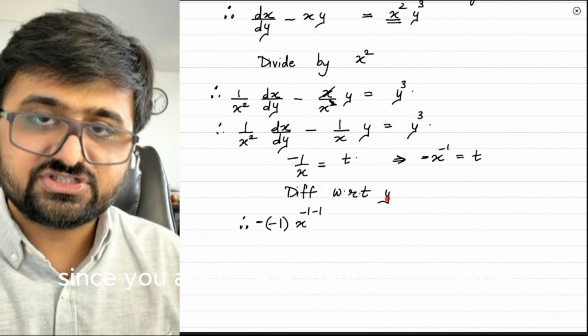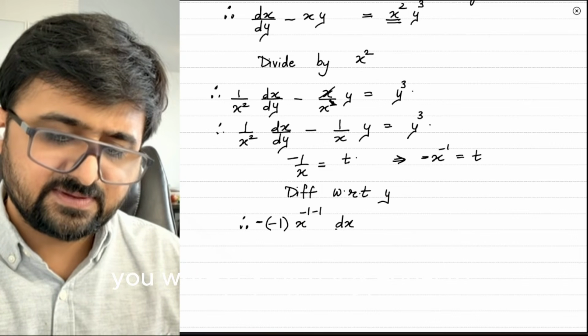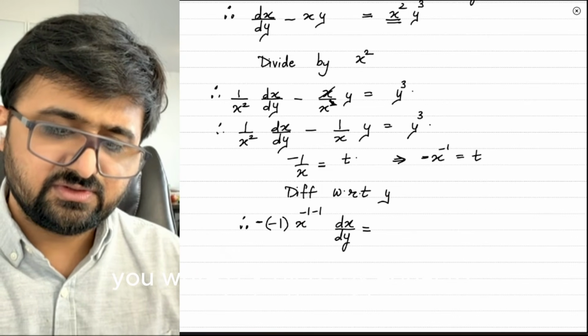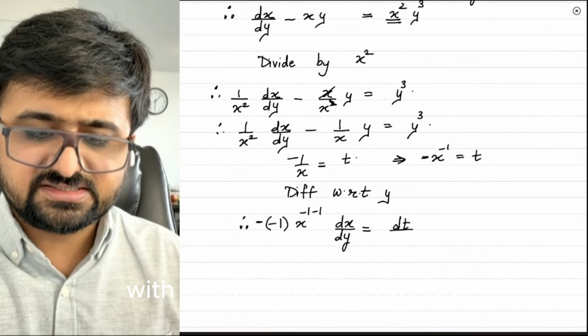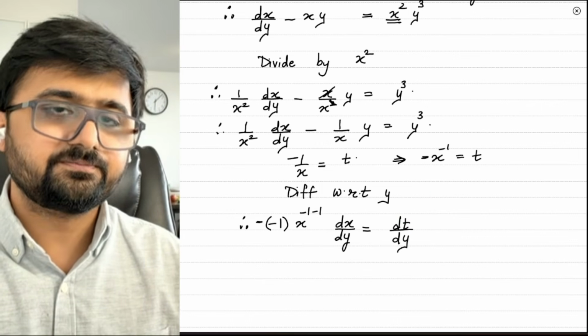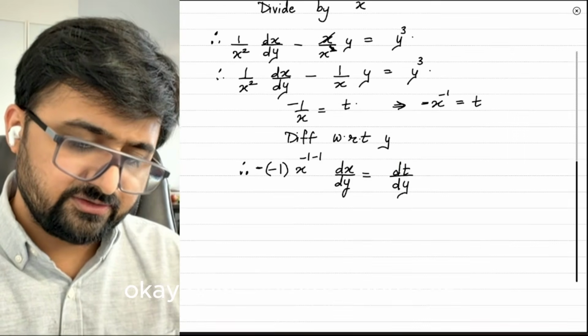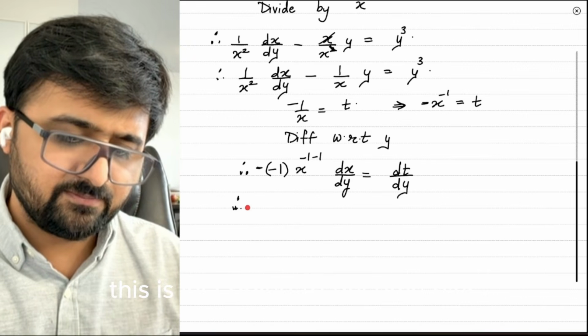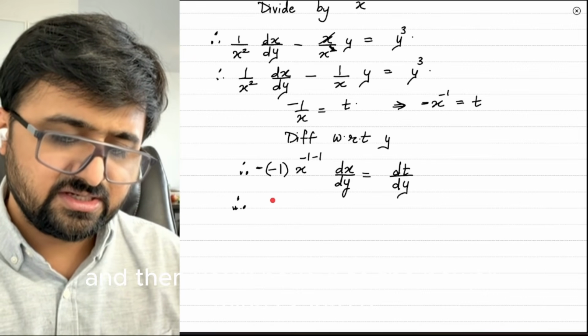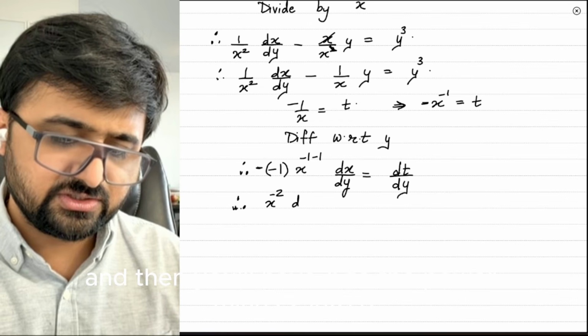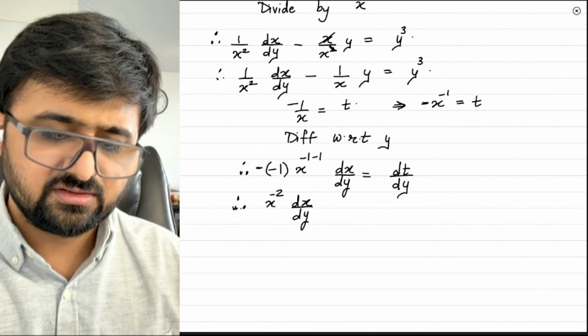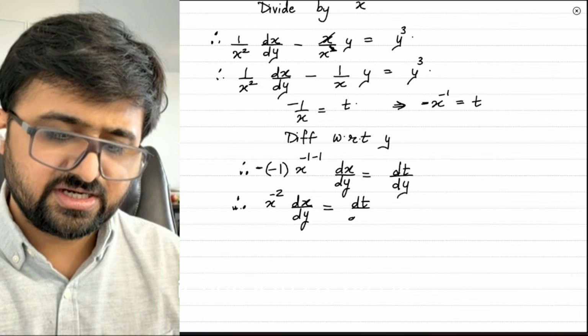And then since you are differentiating with respect to y, you write dx by dy is equal to derivative of t with respect to y is dt by dy. Okay. Now therefore you have this is just going to become plus, and then you'll have x to the power minus 2 into dx by dy is equal to dt by dy.